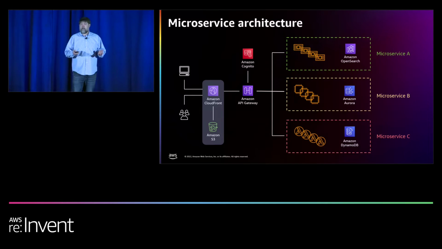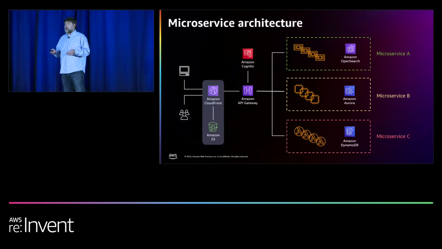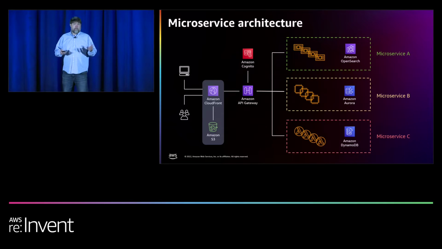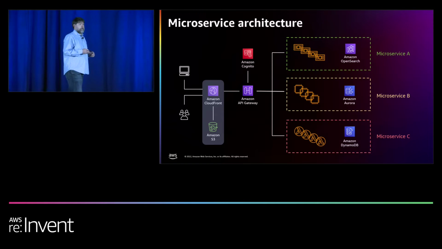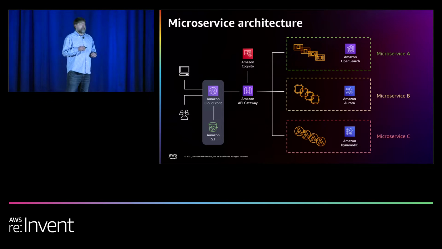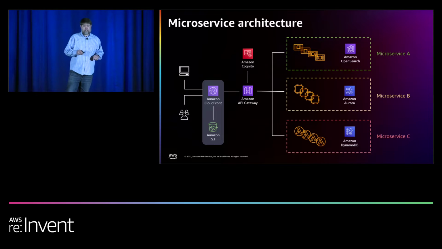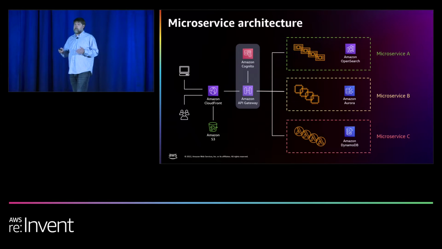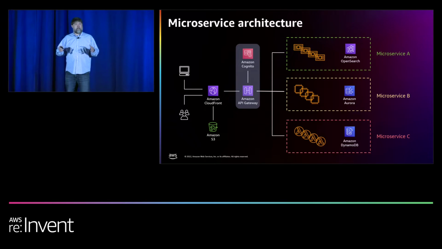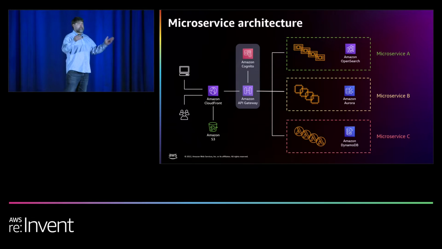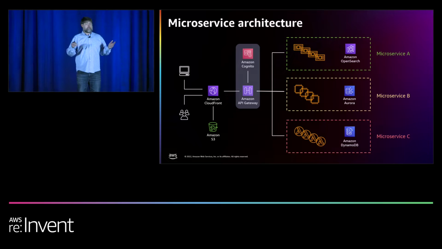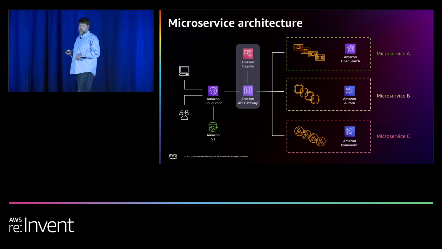Usually these are written in a JavaScript framework like React or Angular, but this might be a mobile application or some other way to interact with your microservices. This user application, this client, talks to an API gateway. And the API gateway sits in front of all of your microservices and presents a cohesive look at your solution that's made up of all these different services.